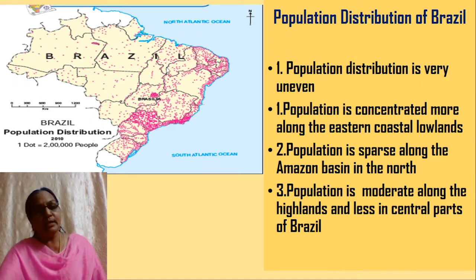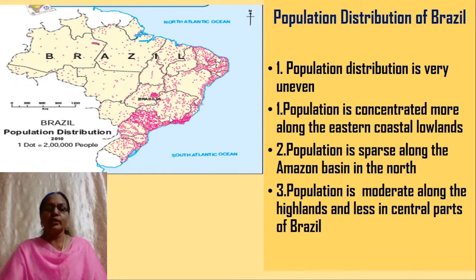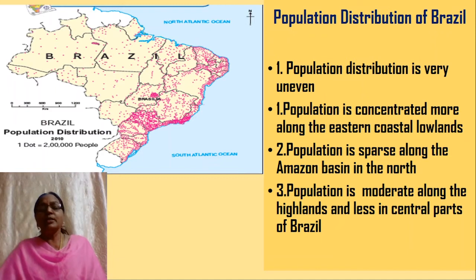And the central part and even the Brazilian highlands have comparatively more than the Amazon basin. Now, let's go into detail. Population distribution is highly uneven in Brazil.